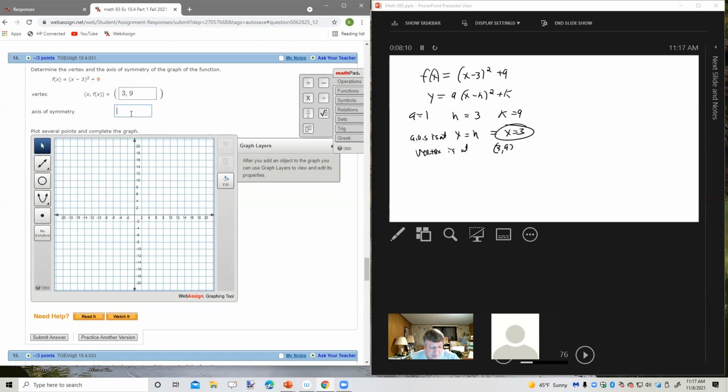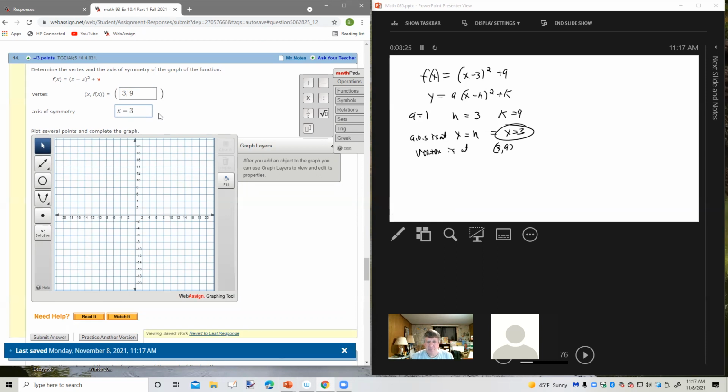The x value of the vertex is always going to be the same x value in the equation of the axis of symmetry. Now, I said I needed to graph the vertex and then one other point.